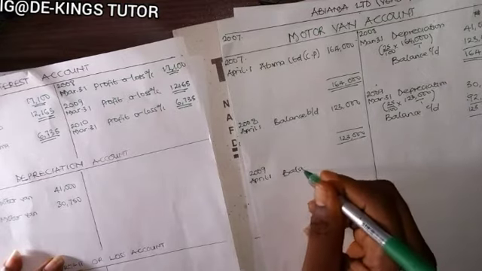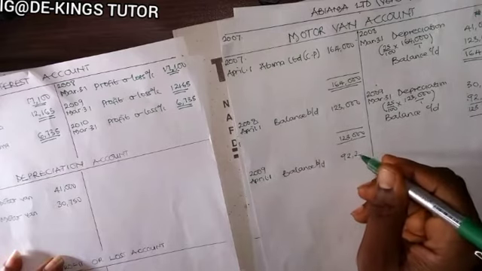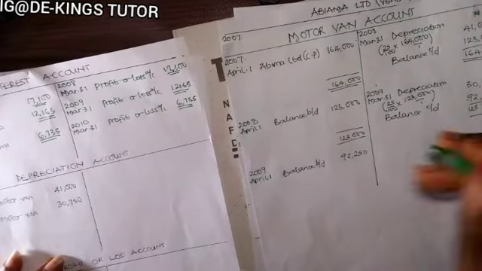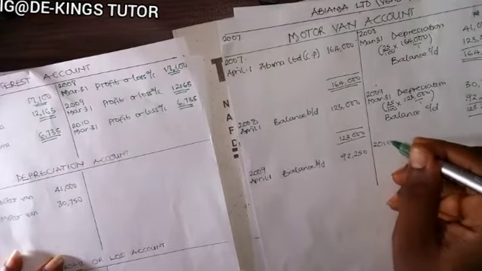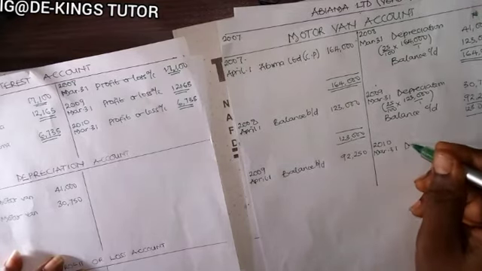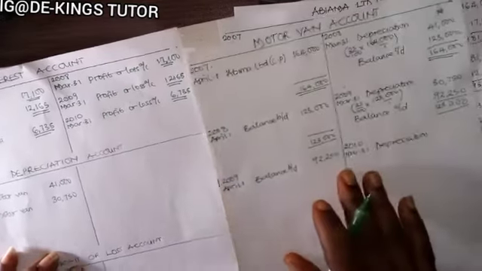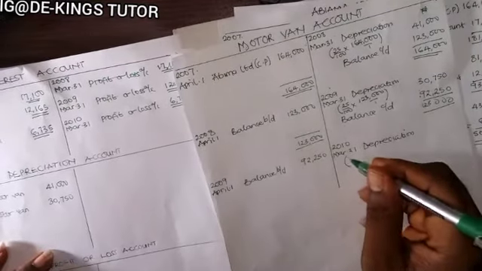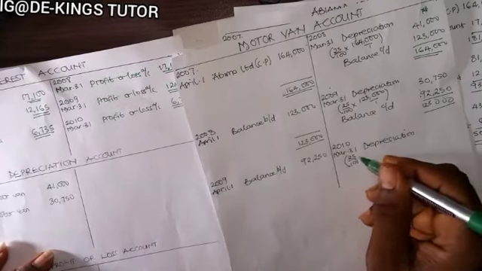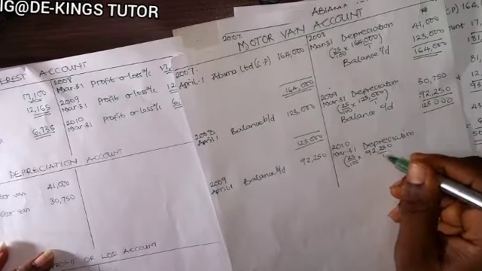Okay, so the third one will have a balance brought down here, 2009 April 1st. We have balance brought down 92,250. So our depreciation will now be in the next year, 2010, March 31st. We'll have depreciation on the reduced balance. So it will now be 25% on this 92,250.